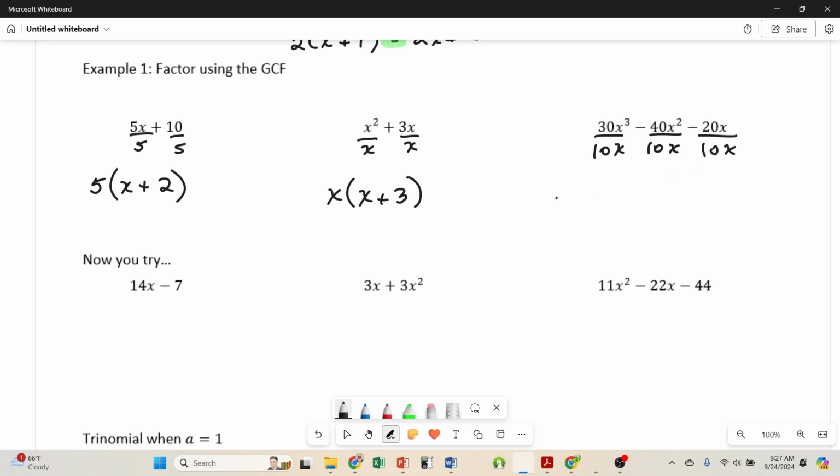So we just take out 10x. 30 divided by 10 is 3. X cubed divided by x is x squared. Minus 40 divided by 10 is minus 4. X squared divided by x is x. Negative 20 divided by 10 is negative 2, and x over x cancels. So that would be done.